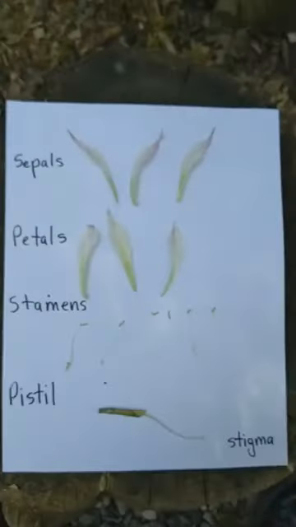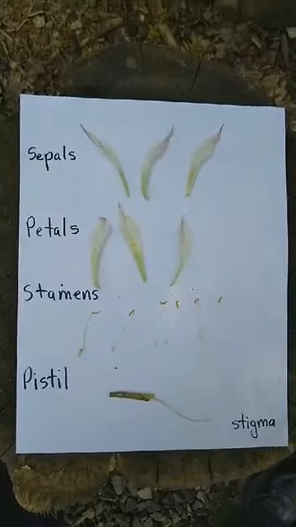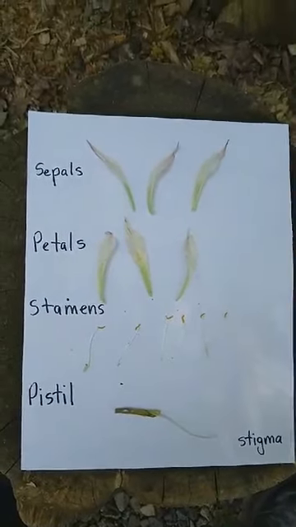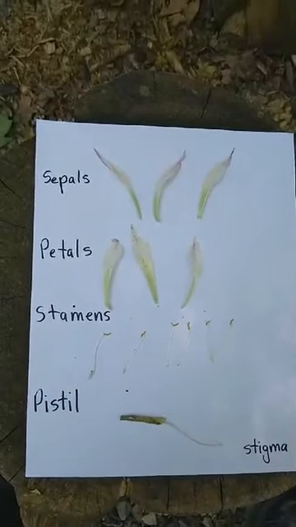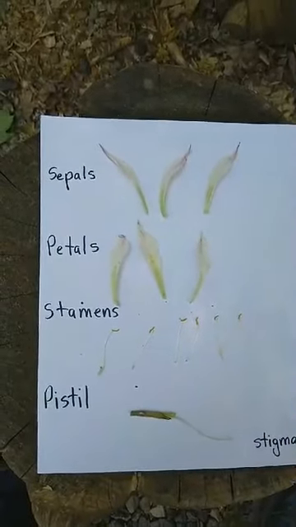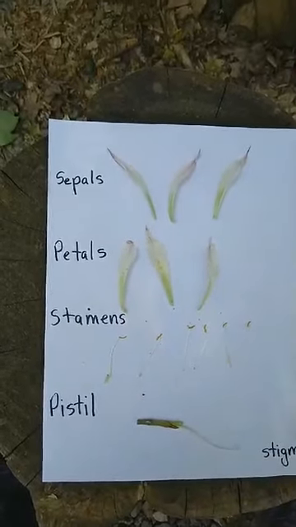Okay. Another difference between monocots and dicots involves the floral structure. So here I've dissected a monocot. This is a lily. And you'll notice that the sepals, which are the outer whorl of floral parts, and the petals look very similar.